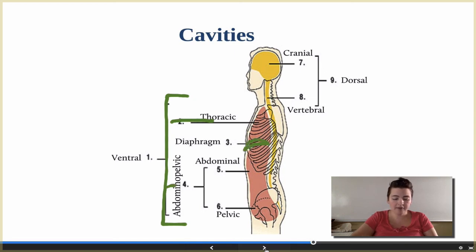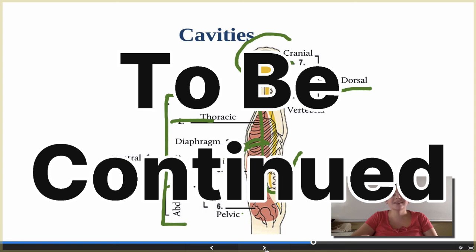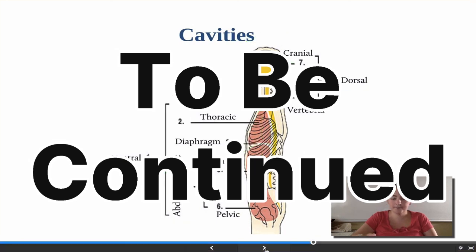And remember, the diaphragm separates those 2, and then the abdominopelvic is broken down into the abdominal and the pelvic separately. If we look at the back here, dorsal, you have this yellow section. You have 2 cavities here. The top is the cranial, again housing the brain, and the bottom is the vertebral. This contains your spinal cord.